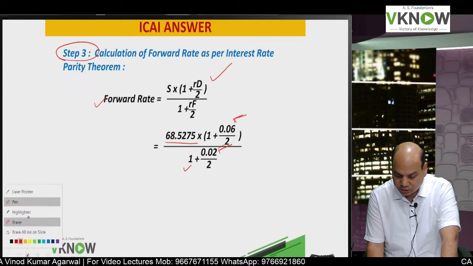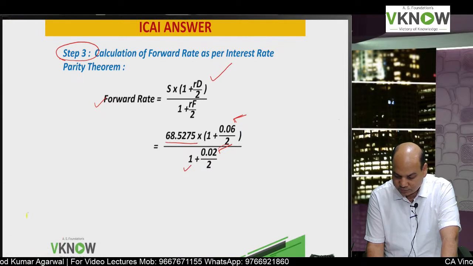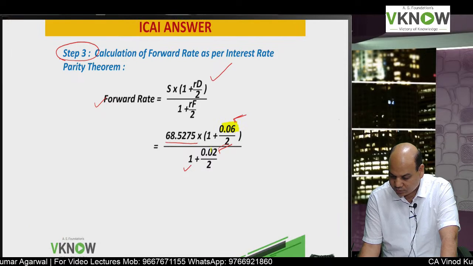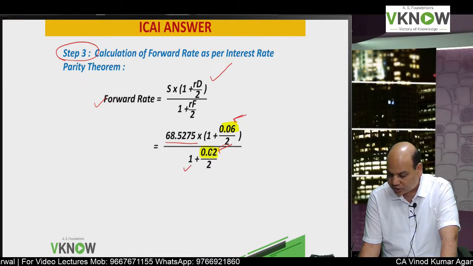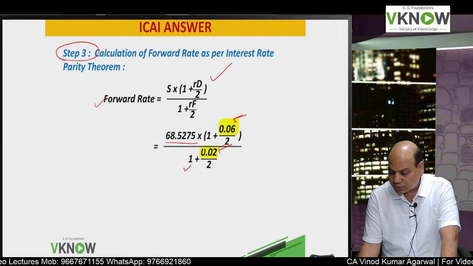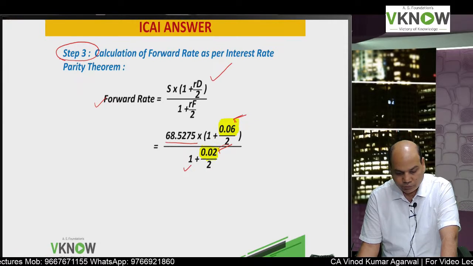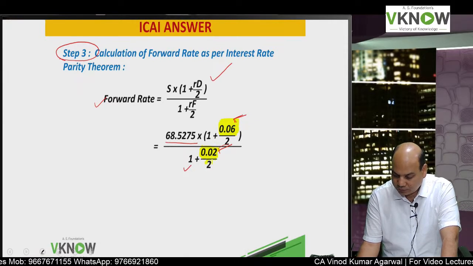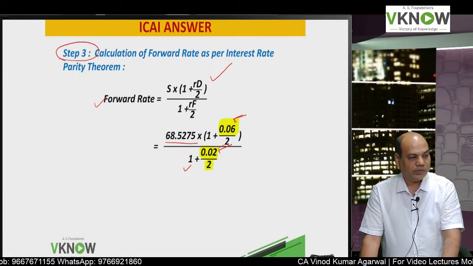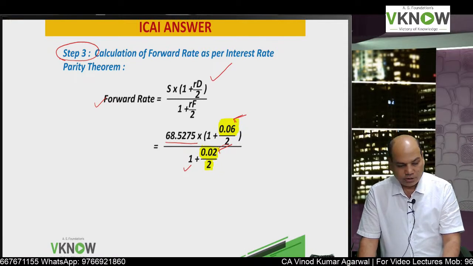We are going to take the base rates 6% and 2%. That 1% premium is specific to the firm and can be different for different firms, but that LIBOR 6% is common for everybody. And why are we dividing by 2? We are dividing by 2 because it is a 6 months problem.